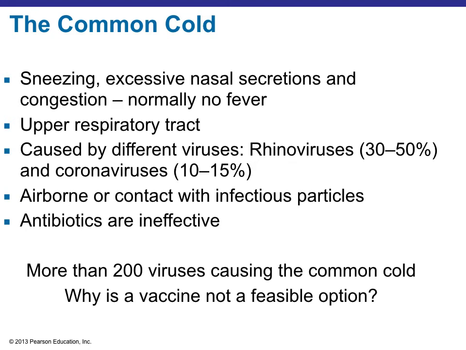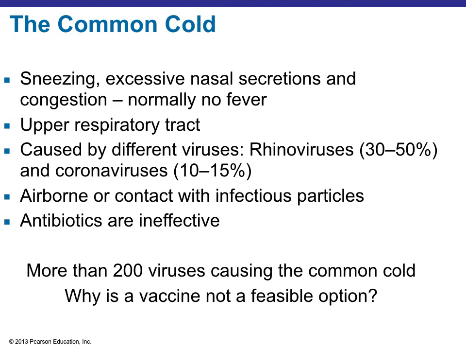Next, we're going to look at the virus causing the common cold. This is discussed on page 706 of the textbook, and it's an example of a viral disease of the upper respiratory system. The common cold is characterized by sneezing, excessive nasal secretions and congestion.